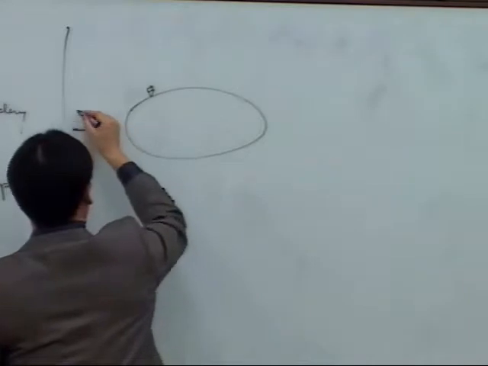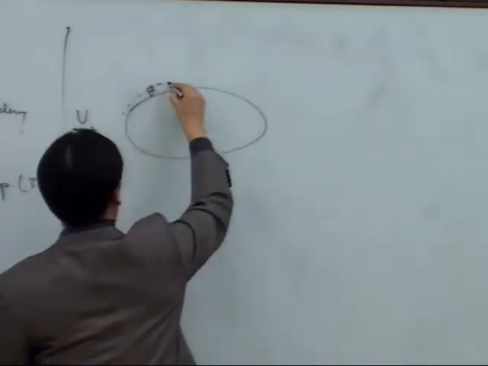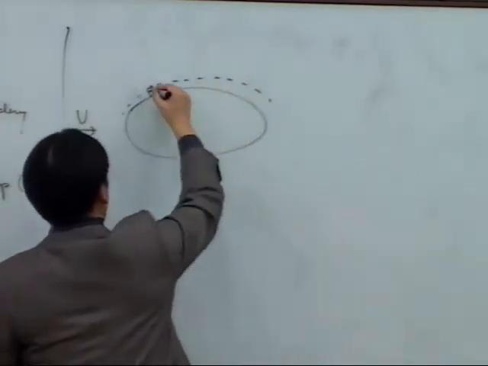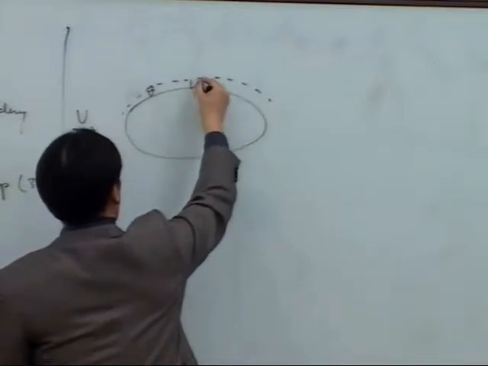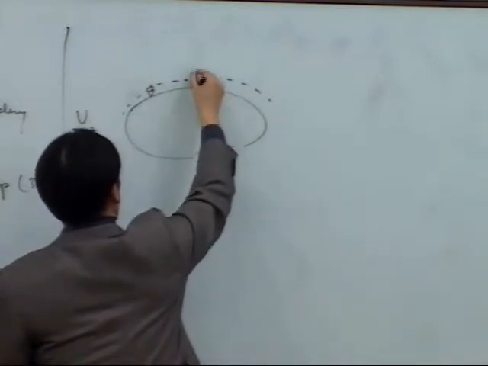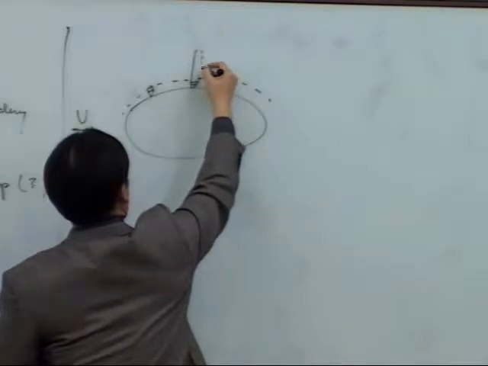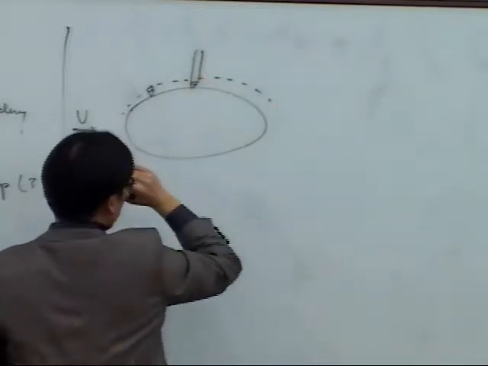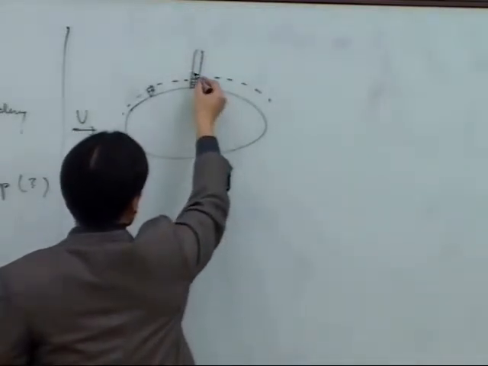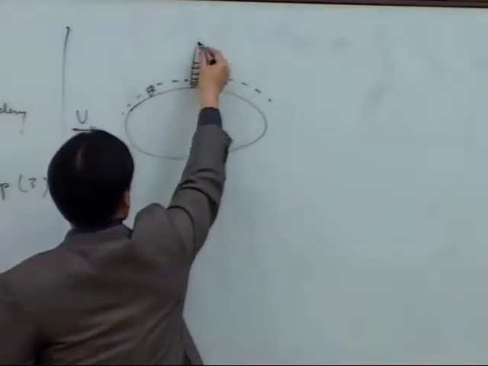If you have flow like this, and then beyond this thin region, the velocity is almost constant.